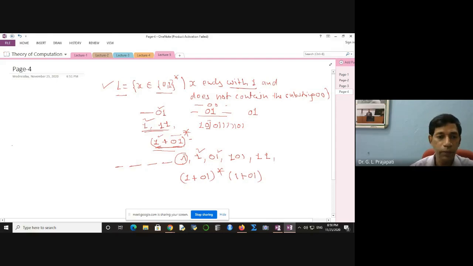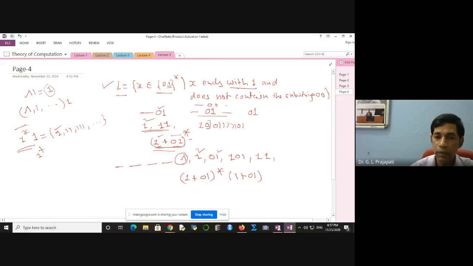So if you have the 1 Kleene star and you concatenate with 1, then you are going to find all strings starting from the 1, 1 1, 3 times 1 like this. So simply this means 1 plus. Because this 1 star will contain null, okay, 1 like this, and so on, and then you are going to concatenate with 1, and null 1 means you have the 1, and your smallest string will begin with 1.